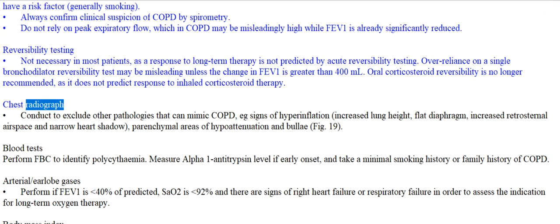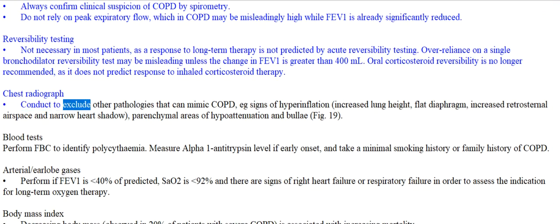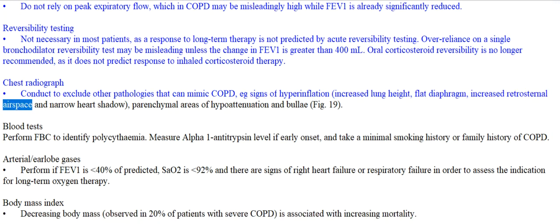Chest radiograph. Conduct to exclude other pathologies that can mimic COPD, e.g. signs of hyperinflation, increased lung height, flat diaphragm, increased retrosternal airspace and narrow heart shadow, parenchymal areas of hypoattenuation and bullae, Fig 19.